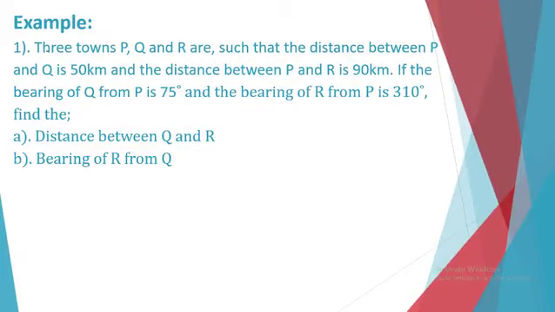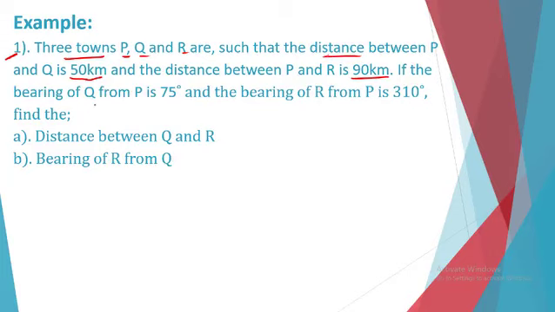We have an example here on the screen. It says 3 towns, P, Q, and R, are such that the distance between P and Q is 50 kilometers, and the distance between P and R is 90 kilometers.